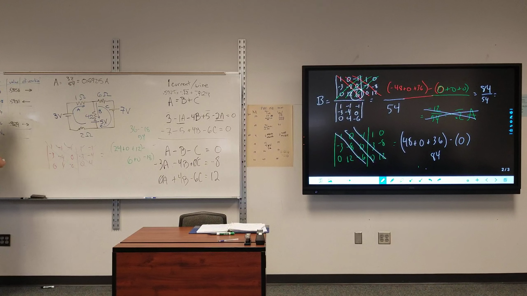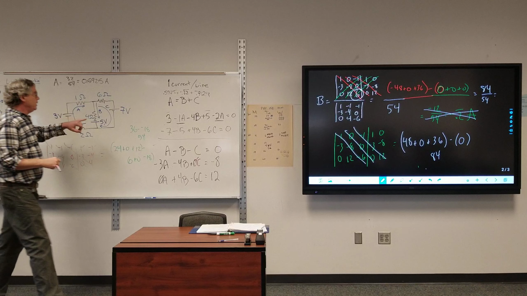All right, what's B? 1.555, 1.5 repeating. Mine has a 6 at the end, but that should be right. Amperes going, that's positive over there, so we're going down.